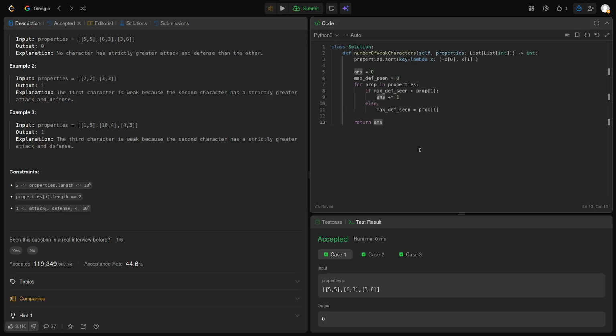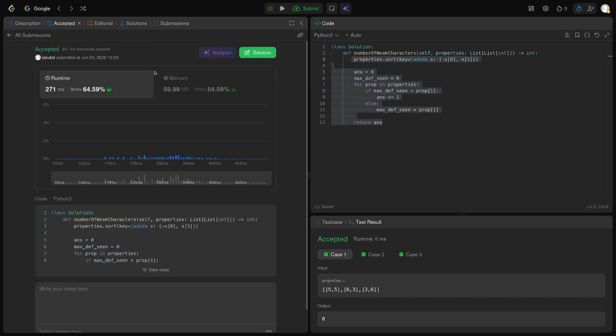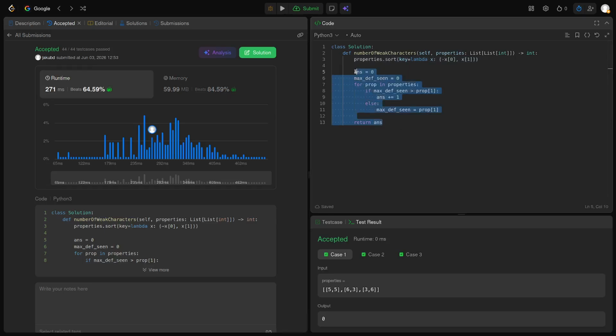We iterate over properties, and then we iterate backwards through all those. Our previous solution was 64% in time and 84th percentile in memory. Okay, so memory is going to be bad, time allegedly could be better.